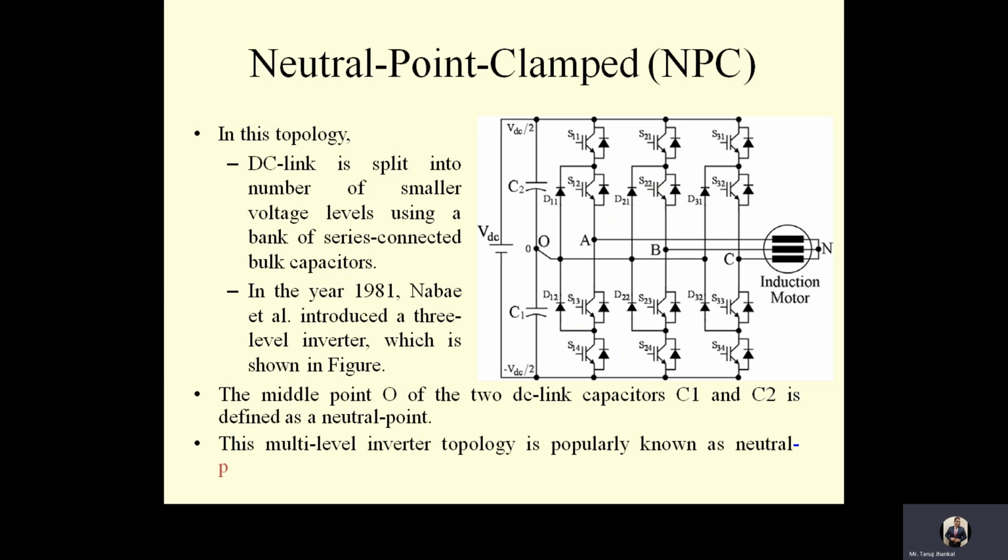When we talk about the level minus VDC by 2, the switches S13 and S14 will be on. This means the two bottom switches will be on for minus VDC by 2 and the upper two switches will be on for plus VDC by 2.